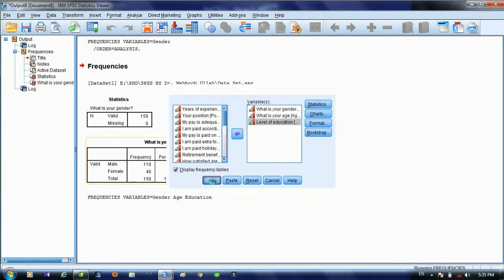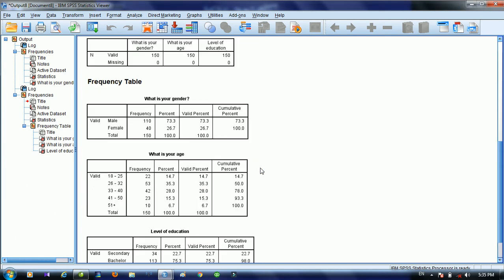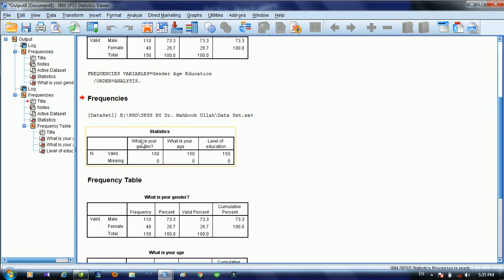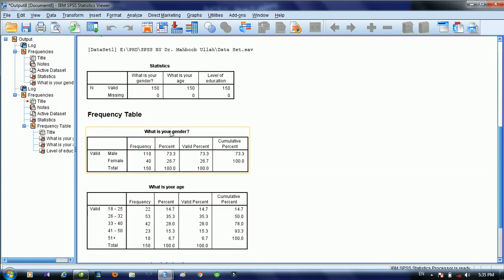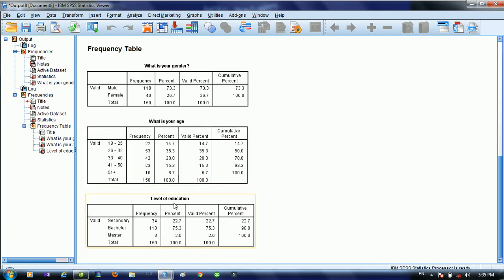Then I'll click on OK. So you can find the same tables. The first one is the summary statistics table, and the rest of the tables show the pattern of frequency analysis for the gender, for the age, and for the level of education.